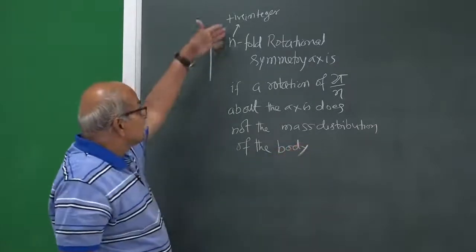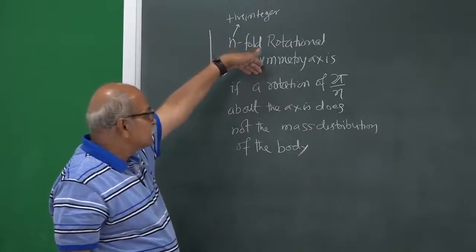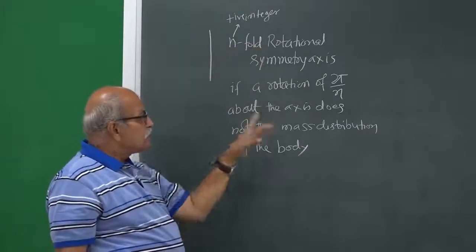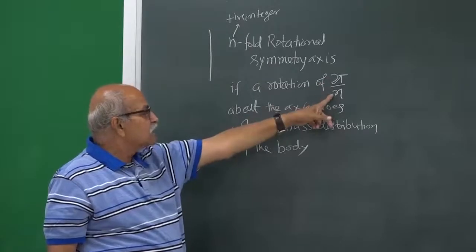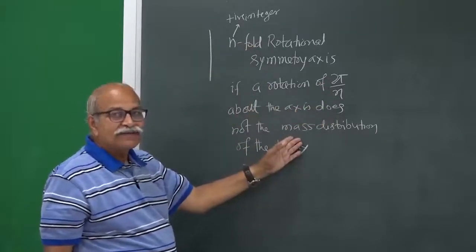All right, so this is called an n-fold rotational symmetry axis. If you rotate the whole body by this angle about that particular axis, then the mass distribution does not change.